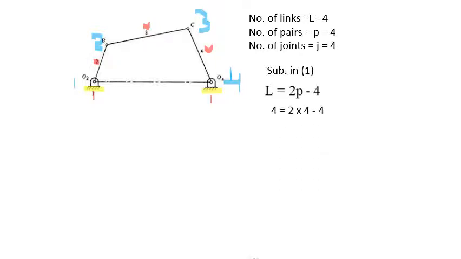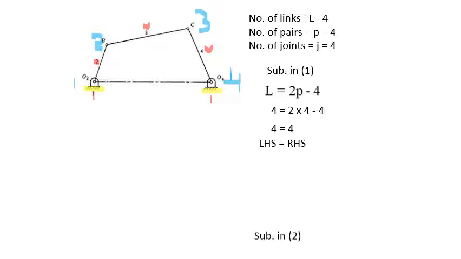After substituting L and P values in equation number 1 and simplifying, we got 4 in the LHS, that is left hand side, and 4 in the RHS, which means that the left hand side is equal to the right hand side. So from equation 1 it is confirmed that it is a mechanism, meaning each link has relative motion with respect to the neighbor links.